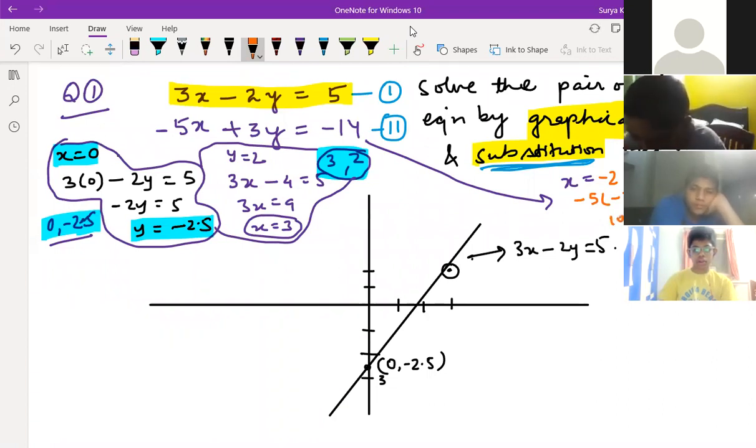So here you are getting 10. 10 plus 3y is equal to minus 14. So 3y is equal to minus 24. So y is equal to minus 8. Understood, children? y is equal to minus 8.